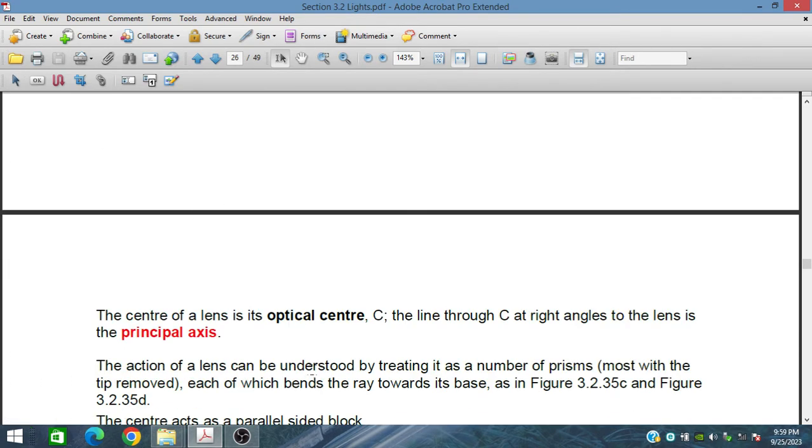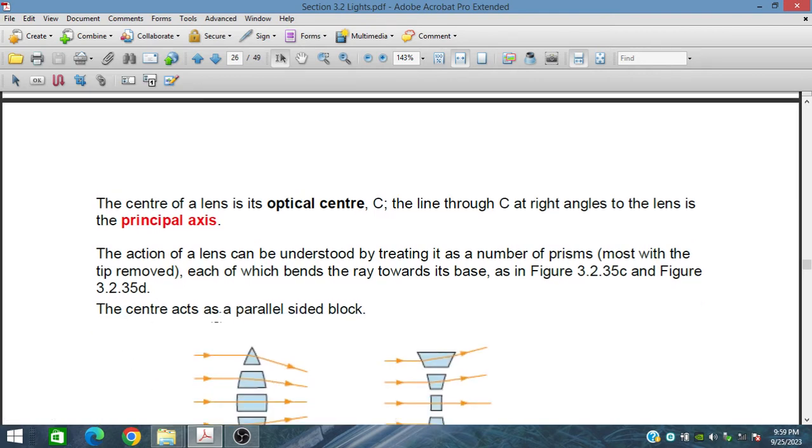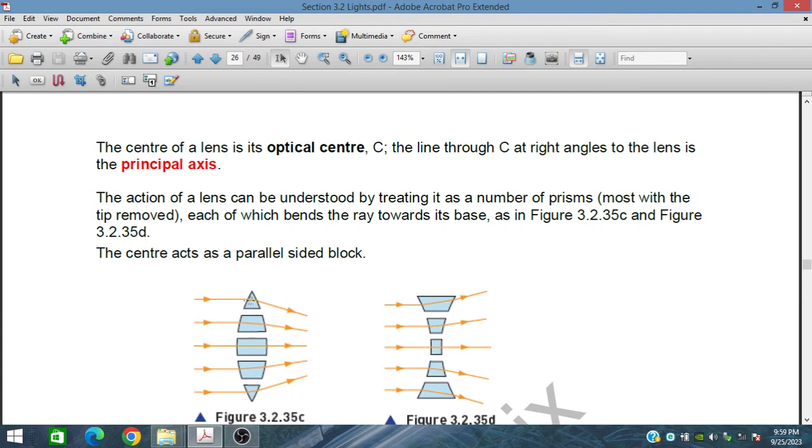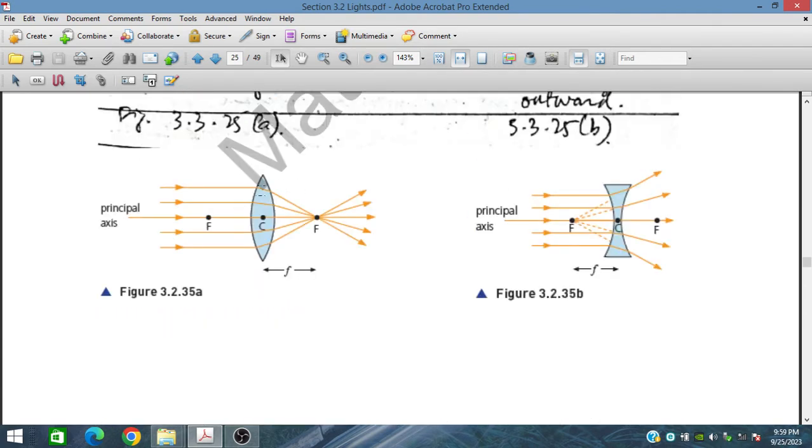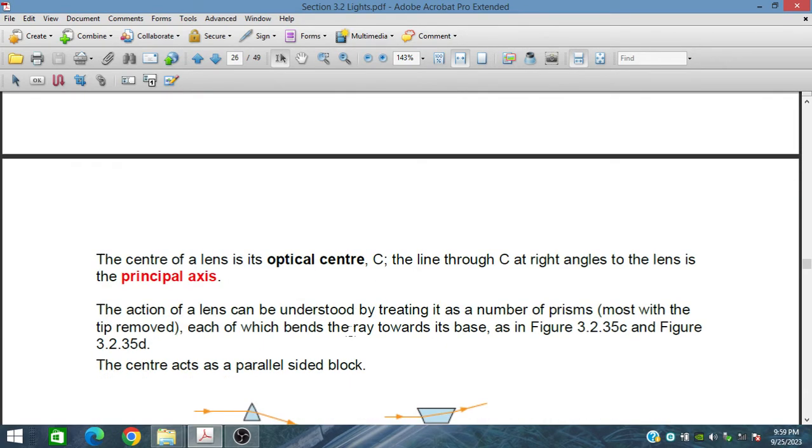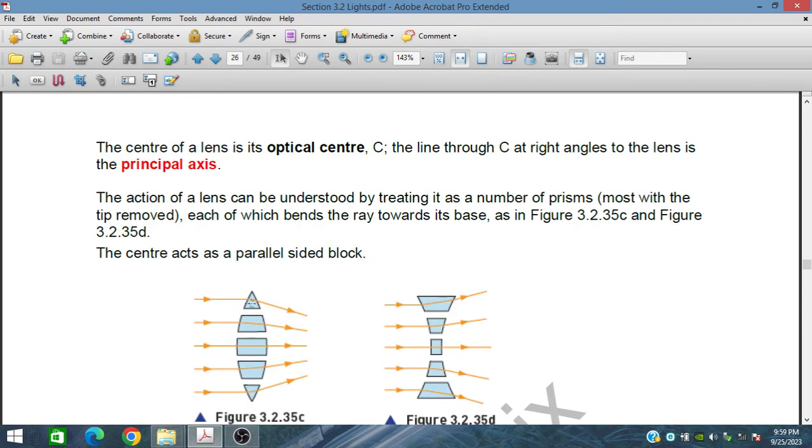The action of a lens can be understood by treating it as a number of prisms, most with the tip removed, each of which bends the ray toward its base, as in figure 3.35c and figure 3.35d. The center acts as a parallel-sided block. So we slice this into small pieces like prisms.